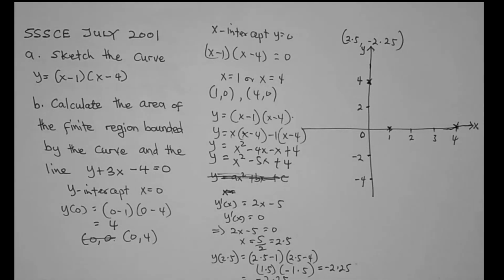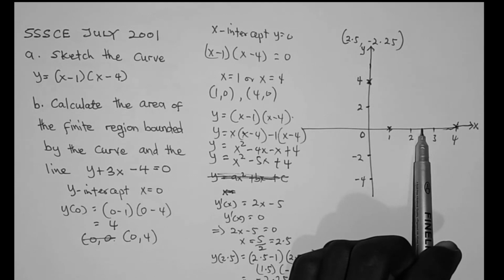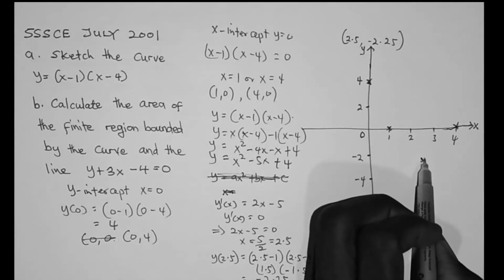Then we also have the point 2.5, which is somewhere here, and minus 2.25 is a little bit below minus 2. So it's somewhere here. So we have this point.